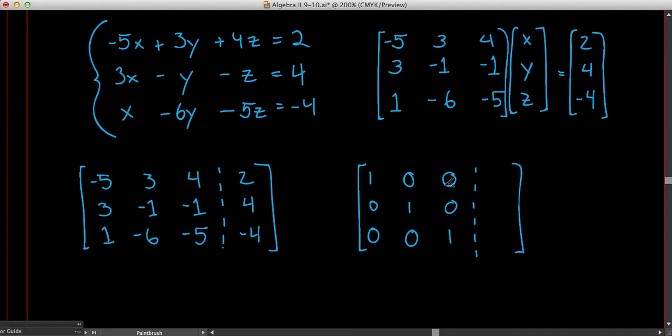So this portion of the matrix right here is known as the identity matrix. And what it's saying is that you have a coefficient, so each of these correspond to x values, each of these in the middle column correspond to y values, each of these in the right column rather correspond to z coefficients.